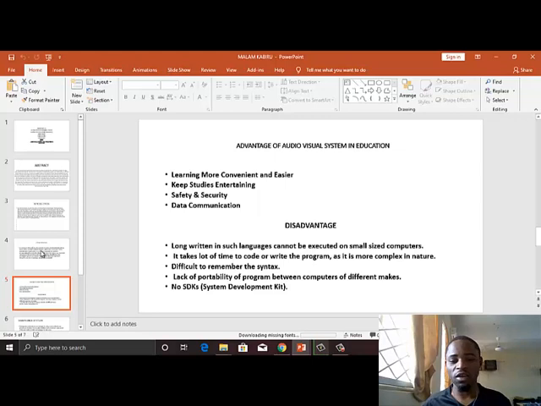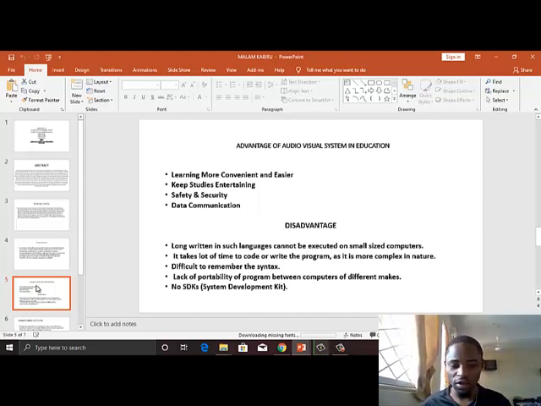Also, these are the advantages of the audio visual system in education. Number one, it makes learning more convenient and easier. It keeps study entertaining, and it also provides security and safety. And there are also disadvantages: programs written in such a language cannot be executed on small size computers.